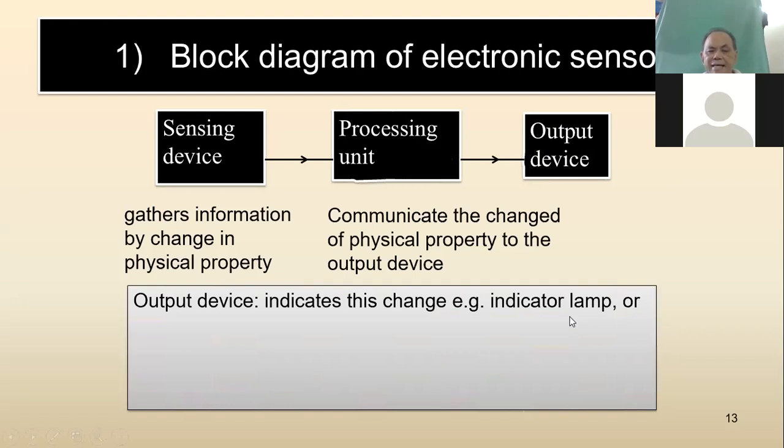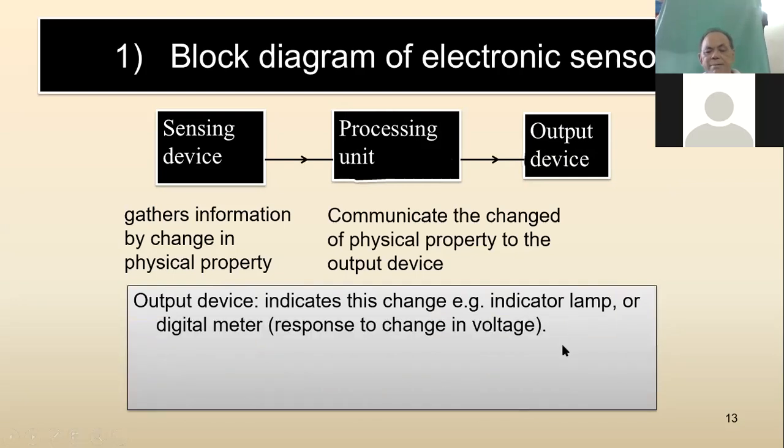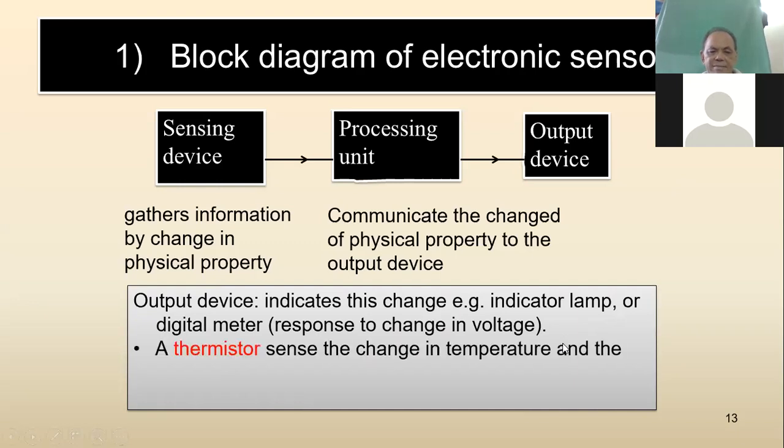It can be indicator lamp, it can be LED, it can be a meter, and we can read the change. So a thermistor senses a change in temperature and the LED indicates the change in temperature. Rather than every time we have to use a thermometer to measure the temperature, we can use your thermistor and the LED indicates the change in temperature in the refrigerator.